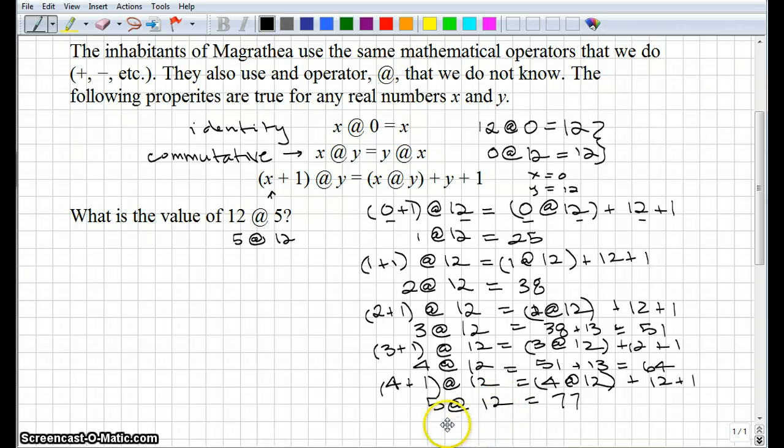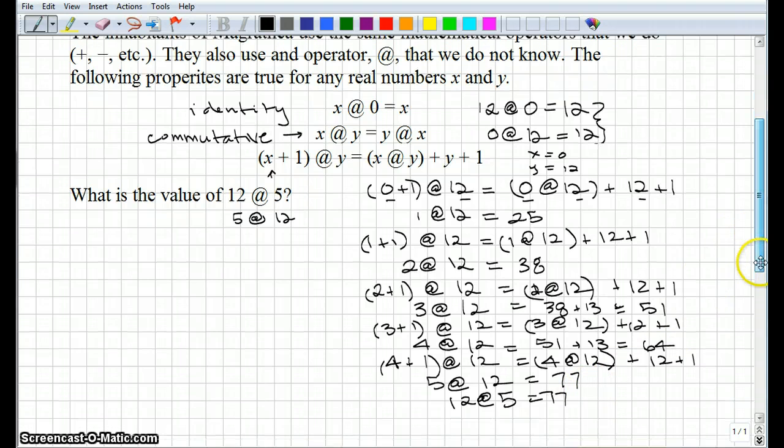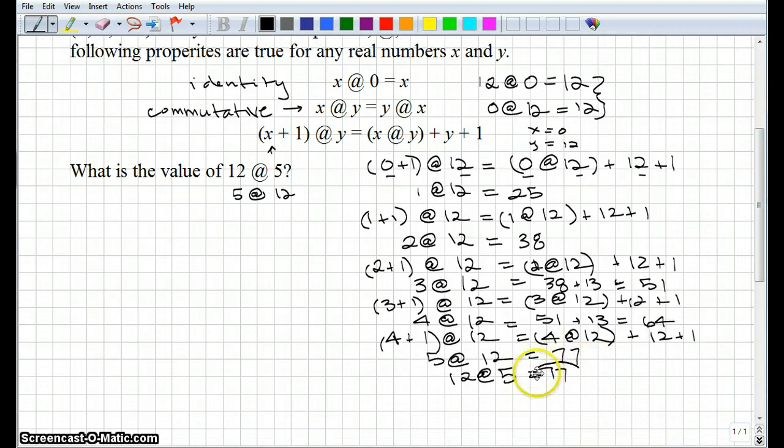And we know 5 at 12 is the same as 12 at 5, which is, again, just 77. Alright? So there you go. There's our answer. 77 is 5 at 12, or 12 at 5. Alright?